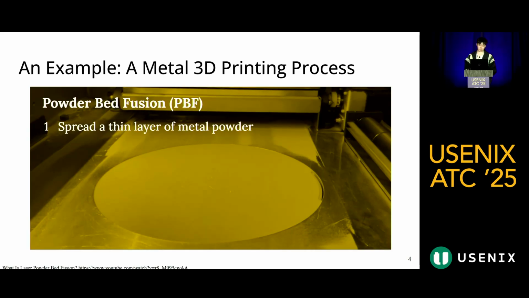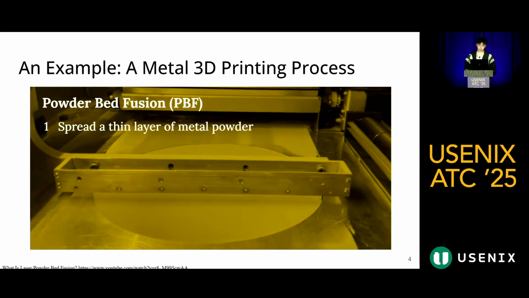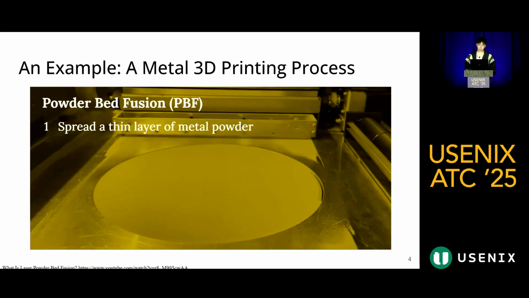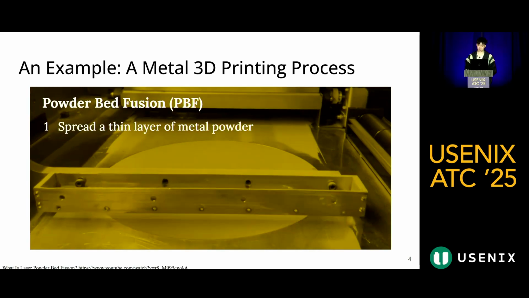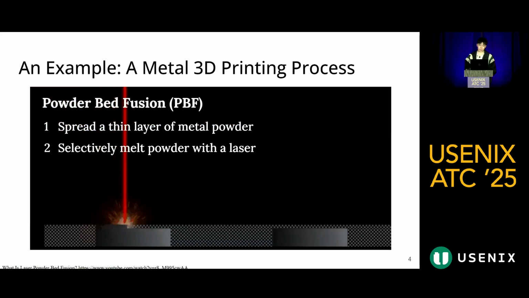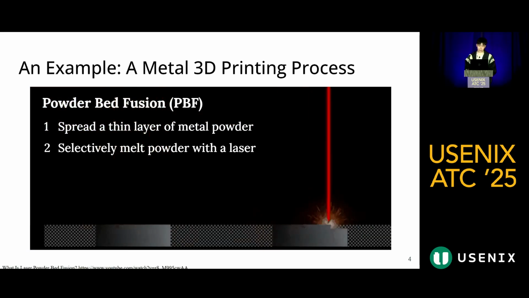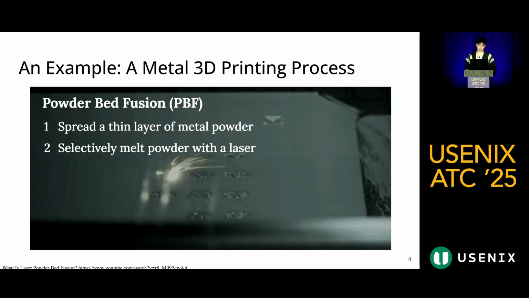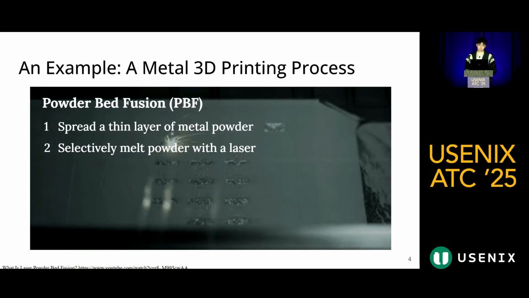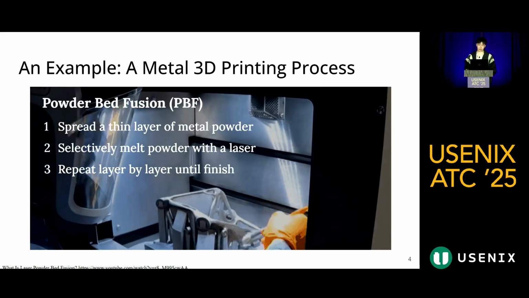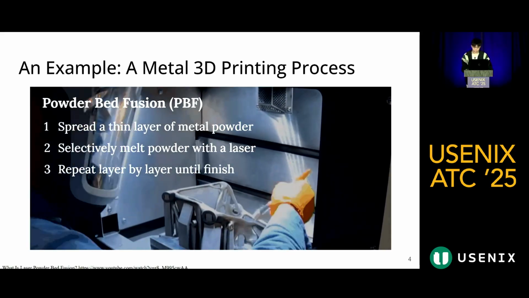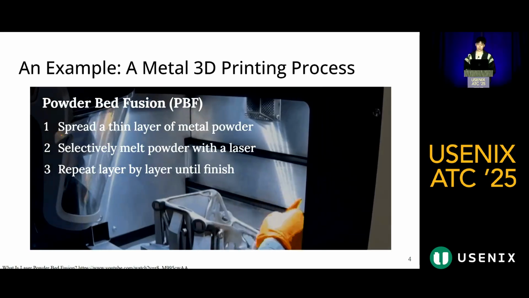Each layer begins with spreading a thin layer of metal powder across a platform, as shown in the GIF, and then selectively melting the powder with a laser to form the cross-section. And this is repeated until the entire three-dimensional part is built and then cleaned and taken out of the printer.